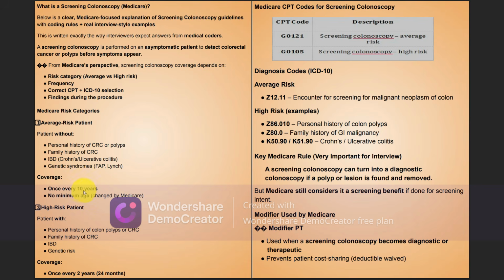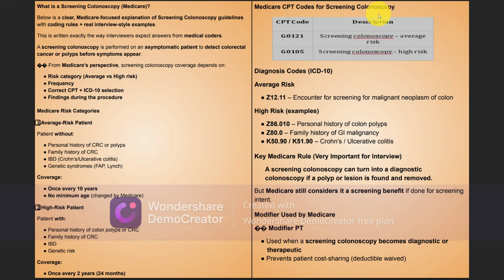Coverage once every 10 years, no minimum age changed by Medicare. High risk patient: when we consider high risk, the patient has a personal history of colon polyps or CRC, family history of CRC, IBD or genetic risk. Coverage once every 2 years, within 24 months.